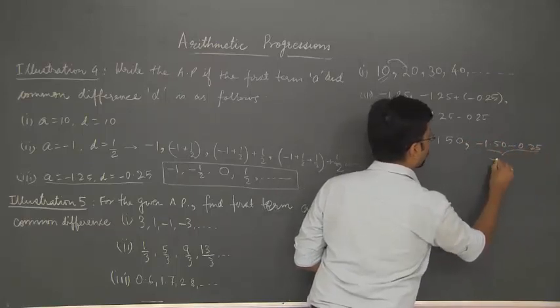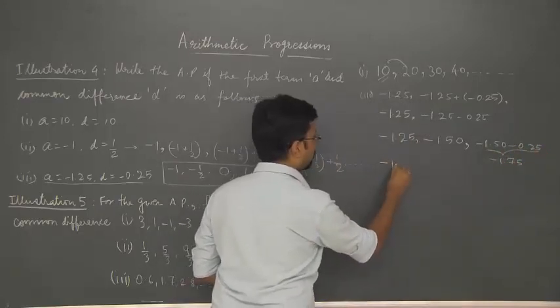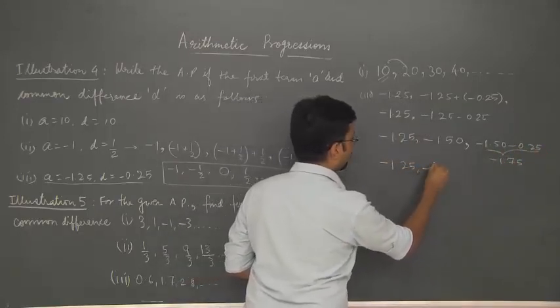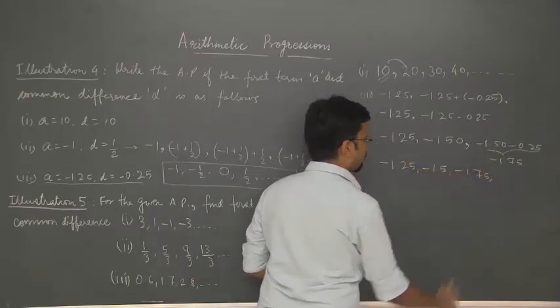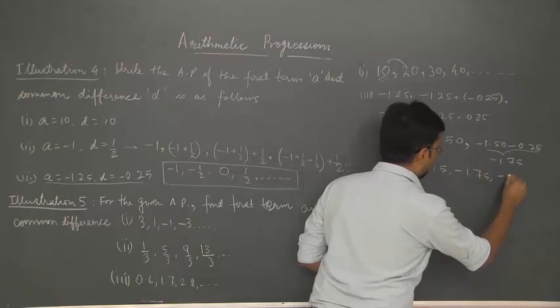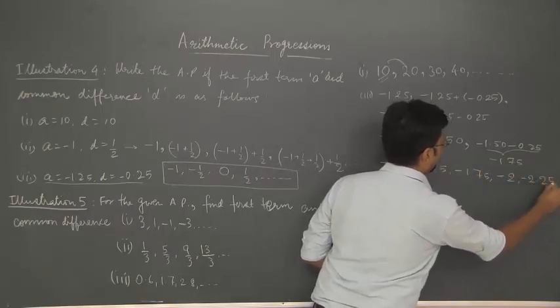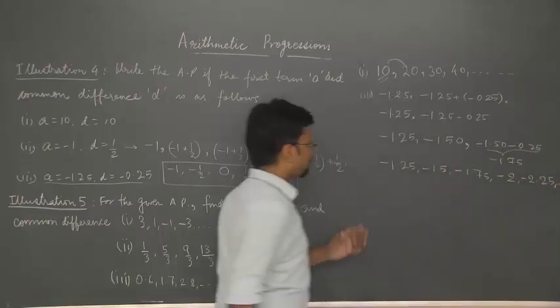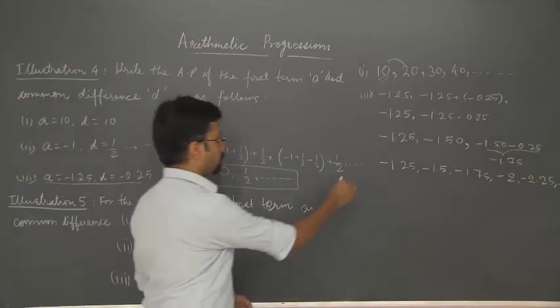This would be equal to minus 1.75. So the three terms that we have identified would be minus 1.25, minus 1.5, minus 1.75. If you evaluate, the next term would be minus 2, then minus 2.25 and so on. So this would be the required arithmetic progression for the third subpart.